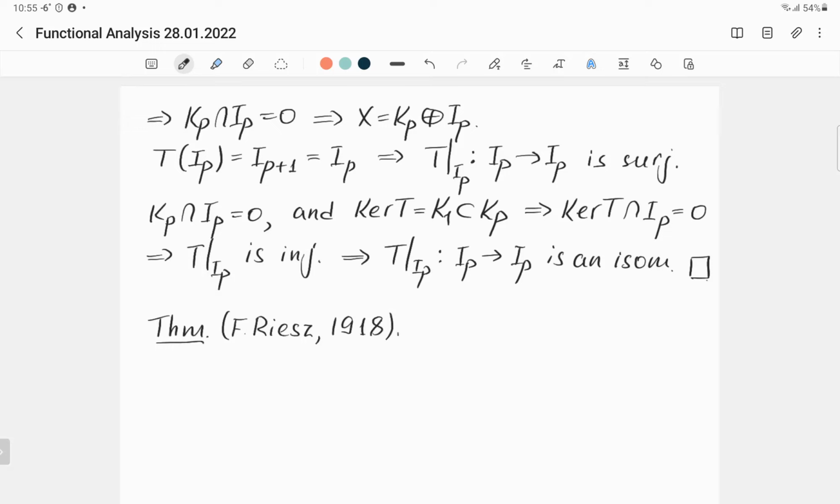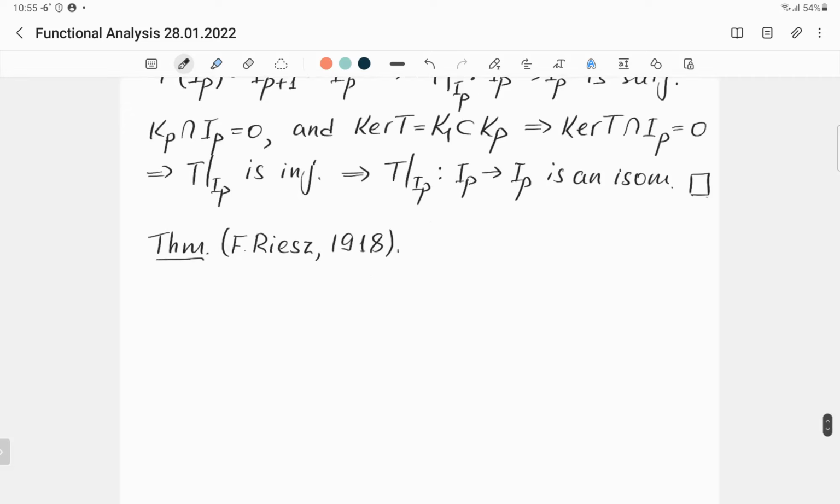And once again, I'd like to recall that Riesz considered only the space of continuous functions on a closed interval, for the simple reason that in 1918 there was no general notion of a Banach space. But amazingly, almost all proofs given by Riesz hold in the case of an arbitrary Banach space.